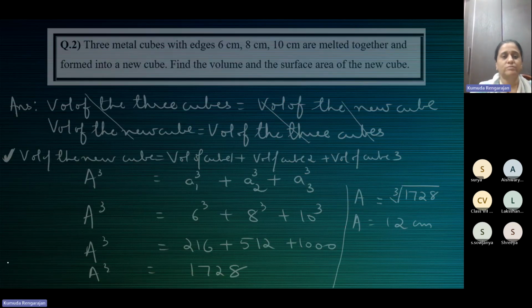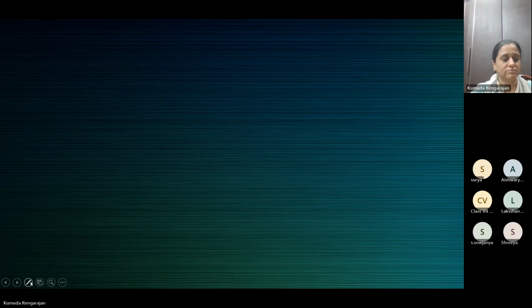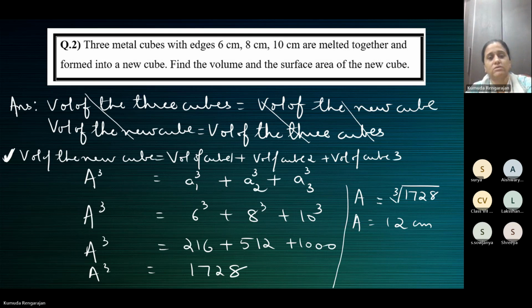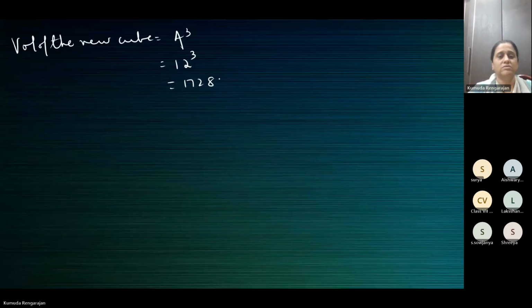Volume of the new cube is equal to A cubed. So what is it? 12 cubed, which is 1728 centimeters cubed. What about the surface area?